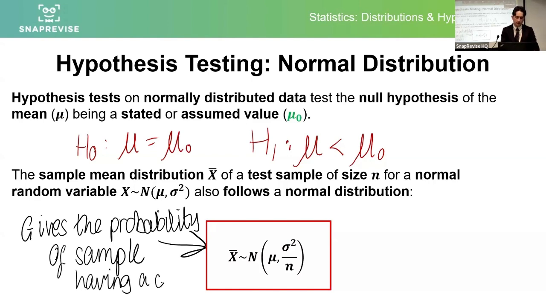So this is the way that hypothesis testing will come up for normal distribution. It'll be to do with the sample means. Okay, so I'll just explain that again. We're looking at a tail of events.